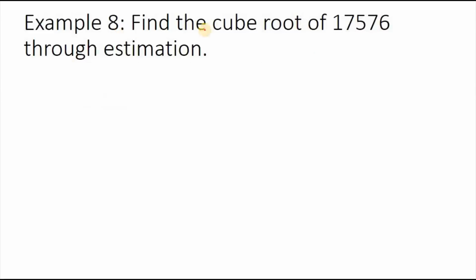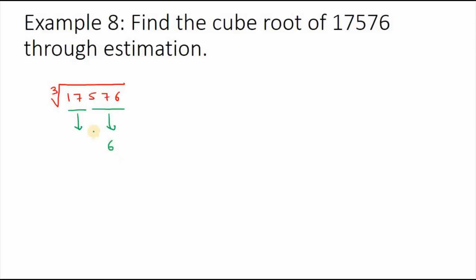So the question is, find the cube root of 17576 through the estimation method. What we are going to do is take the cube root of 17576, and as per our rule, we'll make a group of 3 digits from the last, and then see the remaining 2. Now let's take 2 arrows. See, the number 576 ends in 6, so its cube root also will end in 6.